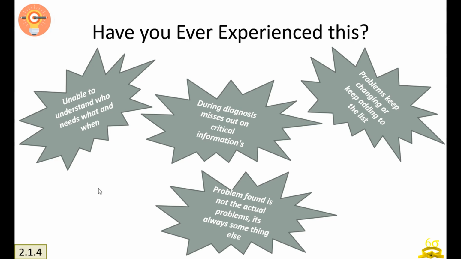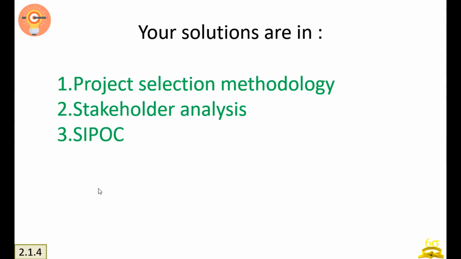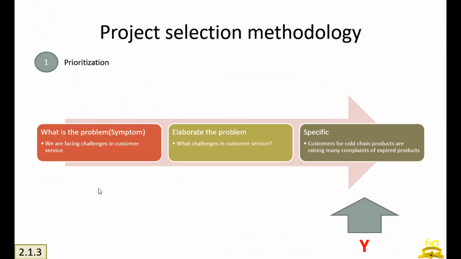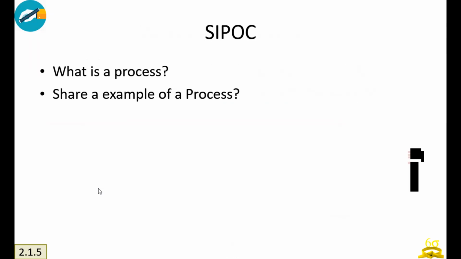Then your problems keep changing or adding to the list. Once you go to this specific level, it won't change anything. It may be a case where you don't need to work on it, it should be put on hold or something, but it won't change after that, right? So this is what we have gone through.